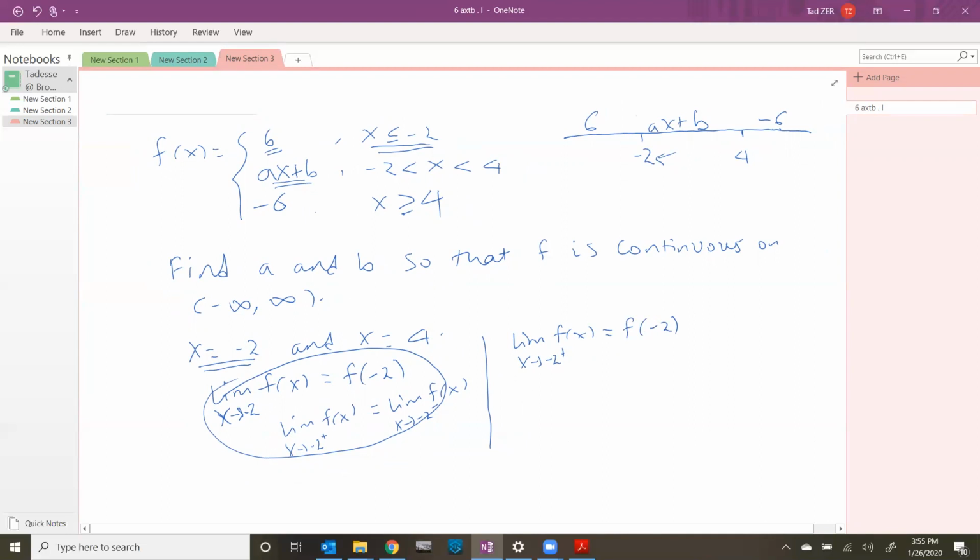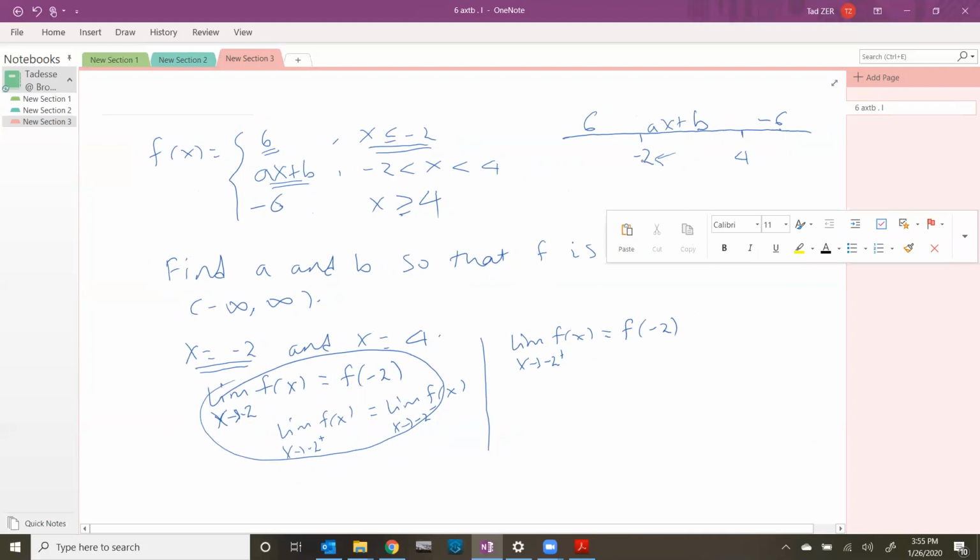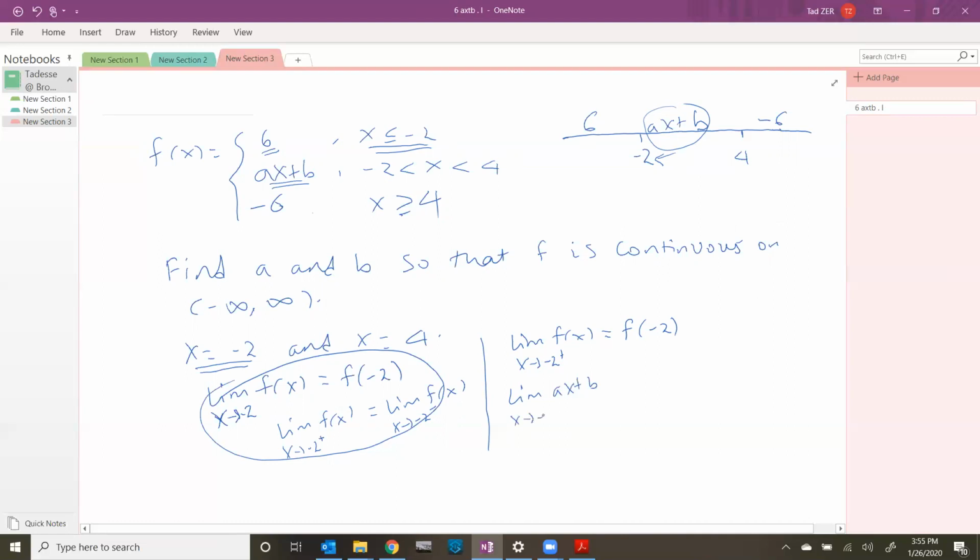So what is the limit of f of x as x approaches -2 from the right? From the right, I should pick this function. So I will say the limit of x plus b, as x approaches -2 from the right side, equals the value of the function at -2, which is 6.